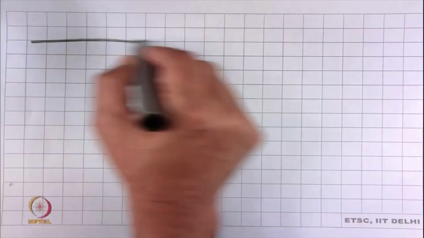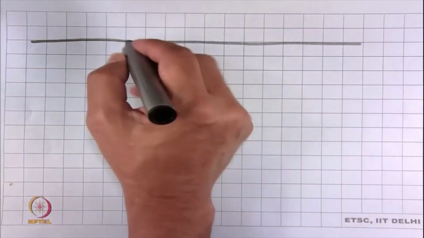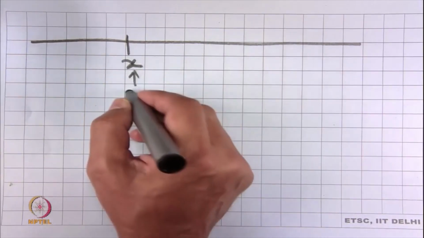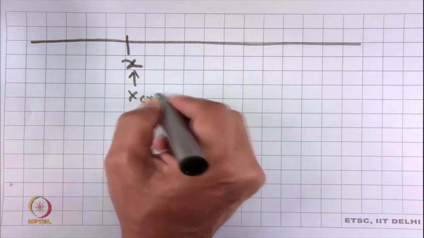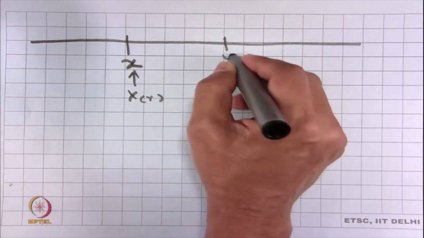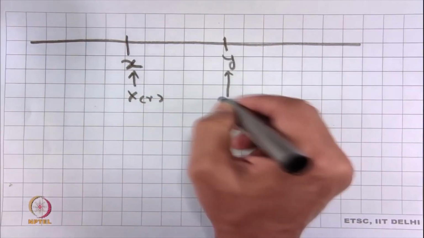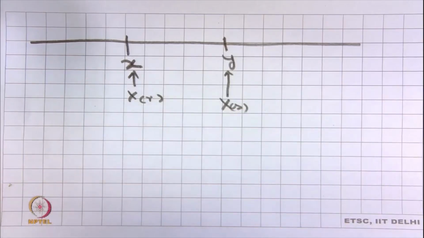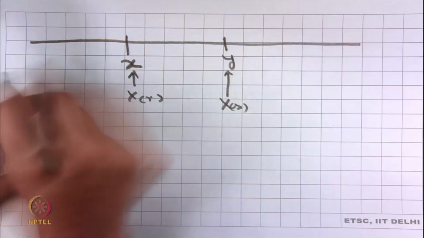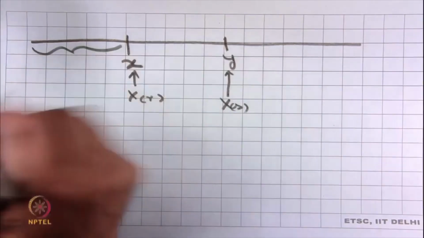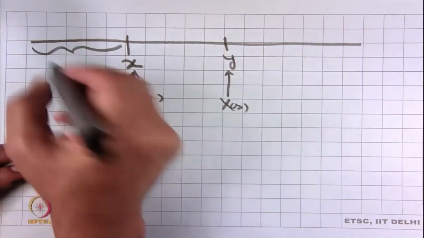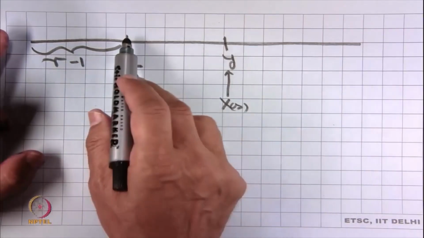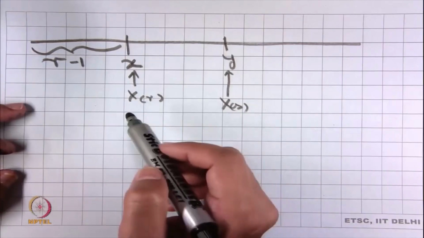So, this is the line. Suppose I want the rth order statistic here and the sth order statistic here, then what will we do? How many will be here in this? There will be r minus 1 observations less than x.